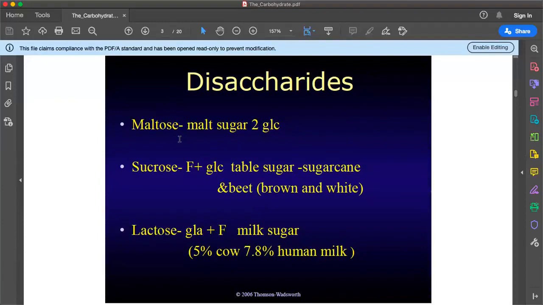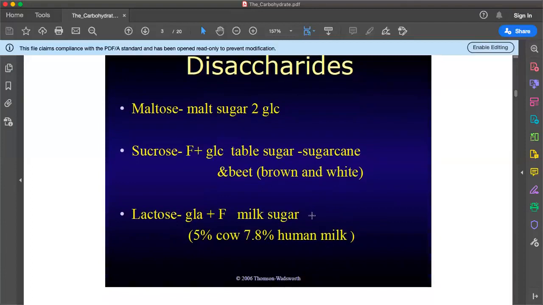Saccharose is derived from the sugarcane plant and beet. Saccharose-rich product is called sugar, the table sugar, the one that we use on a daily basis. Lactose is the primary carbohydrate found in milk and dairy products. Okay, so please remember these examples by heart.